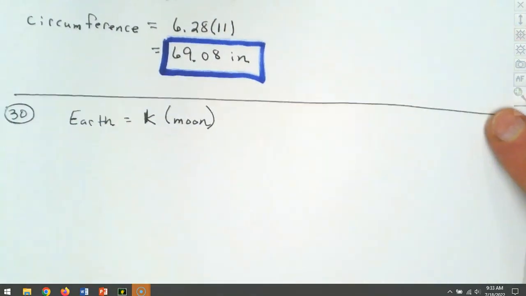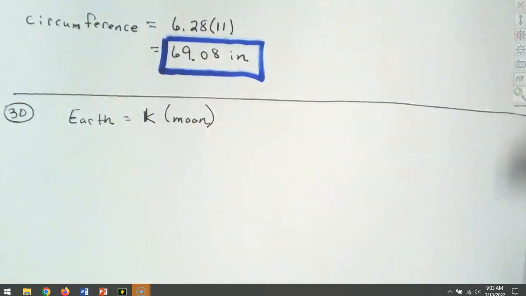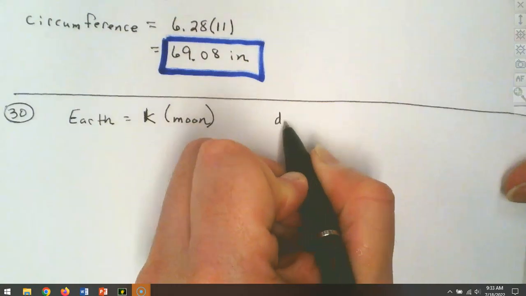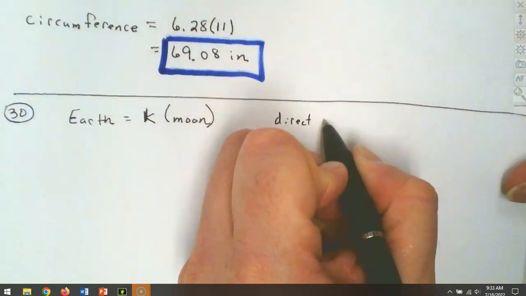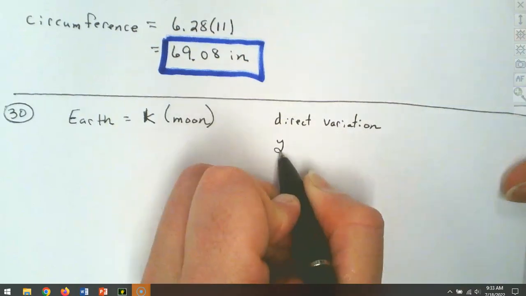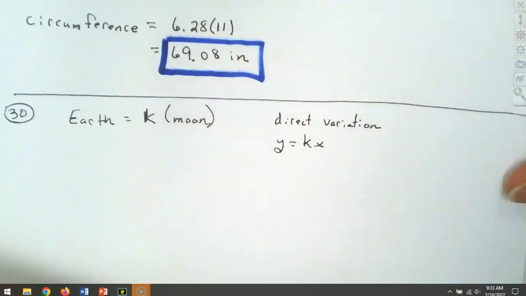What do we need to do first? Well, it's directly proportional, or direct variation. So our formula is y equals kx. That's direct variation. It just means one influences the other. So the first thing we have to do is find our constant here.